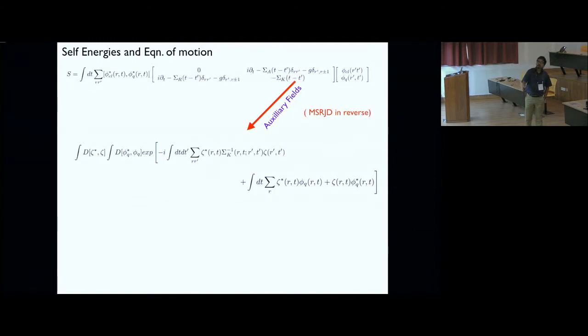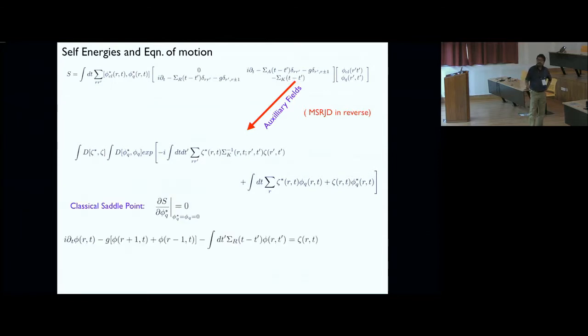So e to the power i, and then once you do that, you will basically end up with something like a source term coupled to the quantum fields, and then there is a quadratic part in terms of these auxiliary fields. So first point is, if you get something which is even in phi quantum, try to do a Hubbard-Stratonovich to get to equations of motion, if you want to go there, okay?